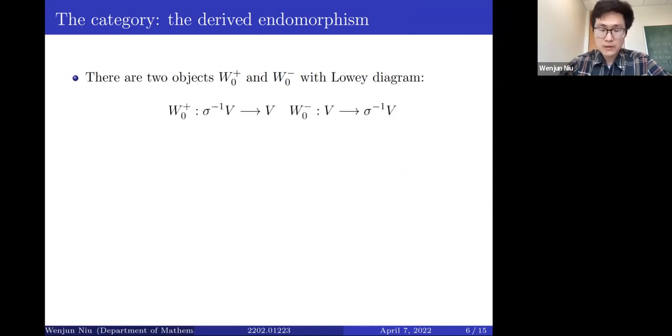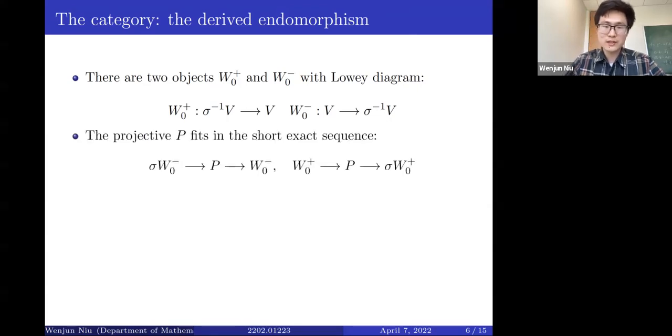These are extensions between these vacuum modules. So W0 plus has the following Loewy diagram. W0 plus has V as a submodule and sigma inverse of V as a quotient module. W0 minus has sigma inverse V as a submodule and V as a quotient. And these are the unique indecomposables that have this Loewy diagram.